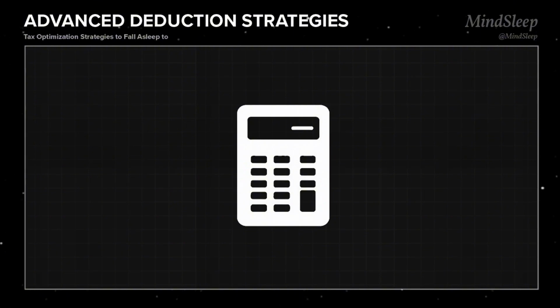In much the same way, the astute tax planner must choose which deductions to claim and when to claim them for maximum benefit. The foundation of advanced deduction strategies lies in understanding the interplay between various types of deductions and their impact on your overall tax liability.